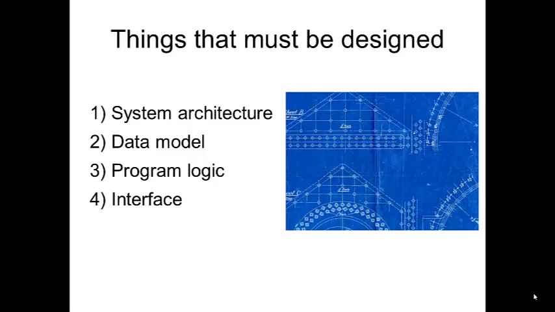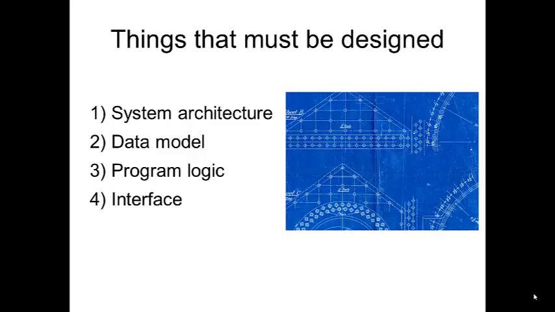of your system. There is the data model, the database model, how the data is structured within a database or some kind of flat file system. That must be designed. Potentially you're designing a database schema to store your data in. You have to design the programming logic.